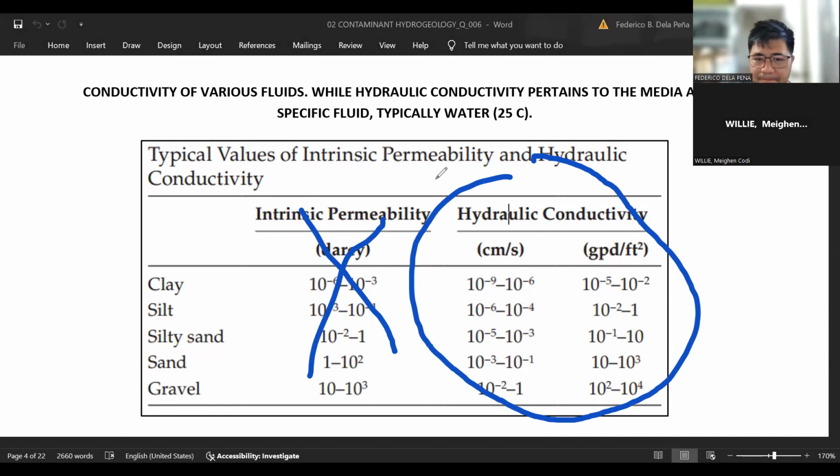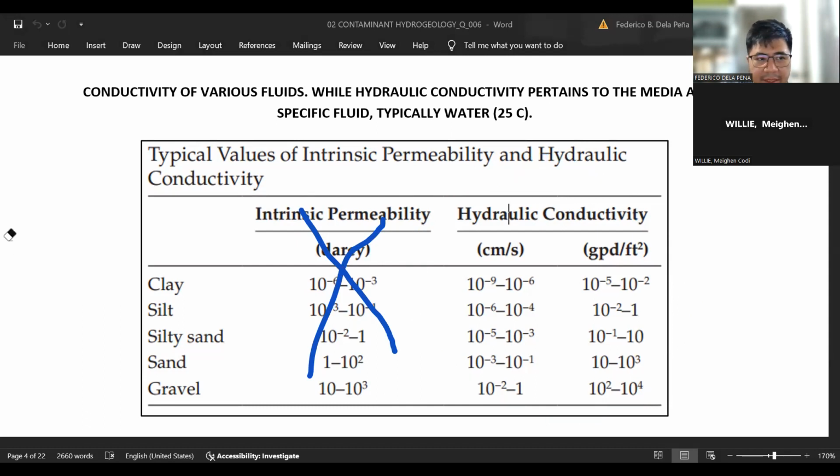You can see here that gravel, for example, will have a hydraulic conductivity of. You will notice that hydraulic conductivity is expressed in centimeters per second in this example.